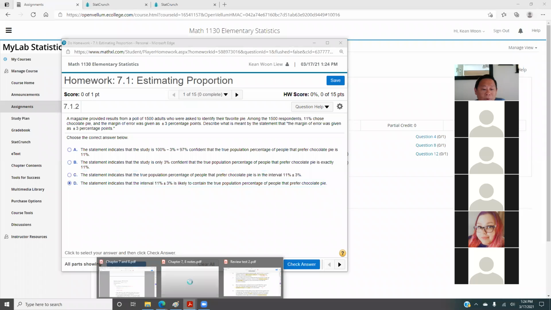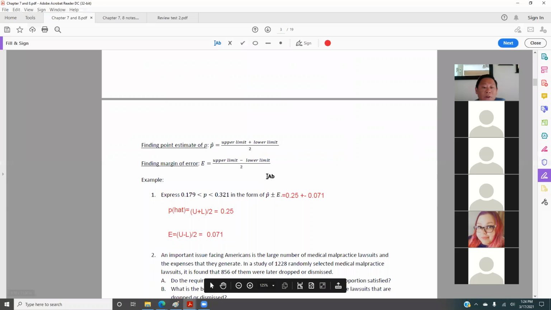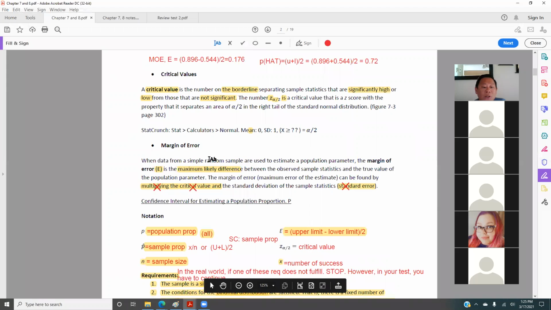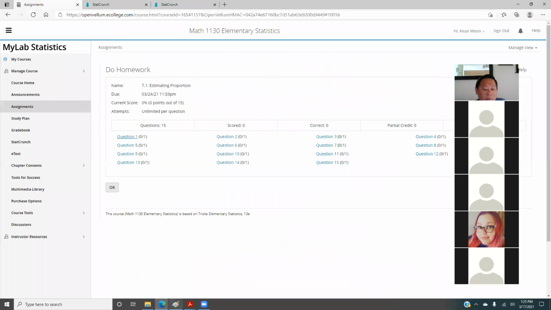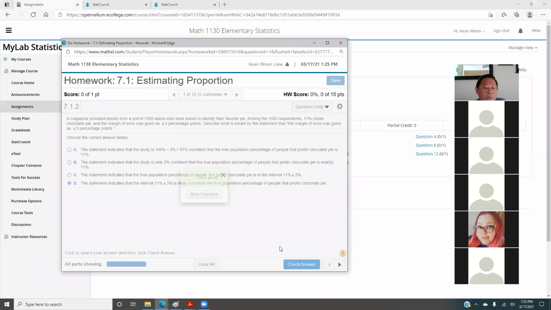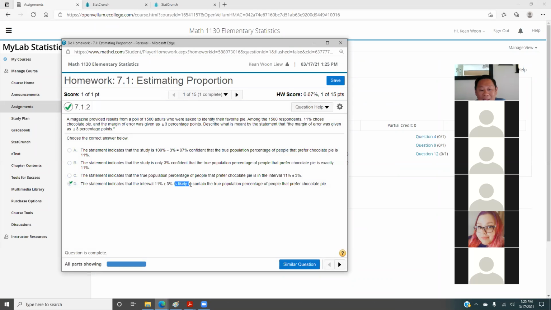Let's look at the notes for confidence and margin of error. I think it's D. The reason we say it's likely is because there is a chance that the true value is not in this range.